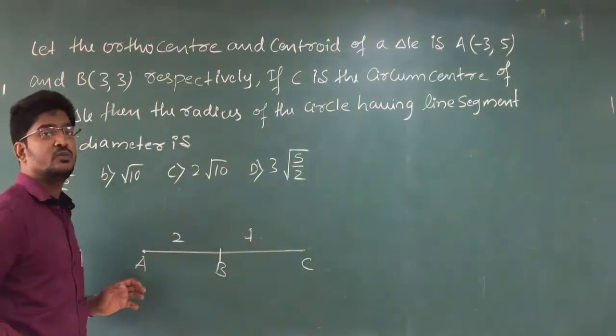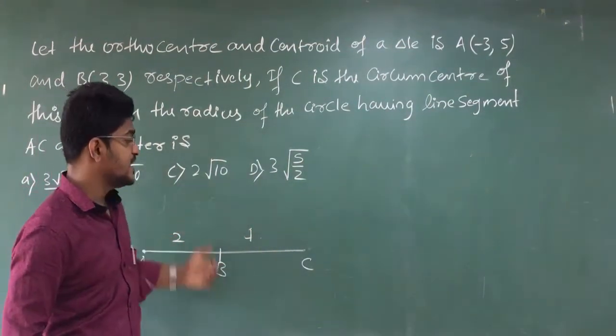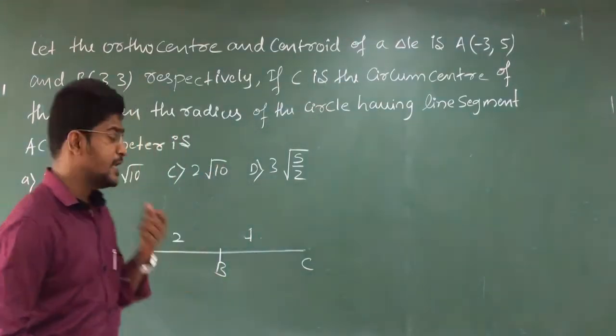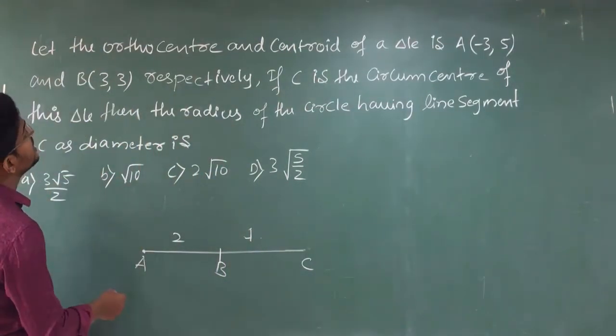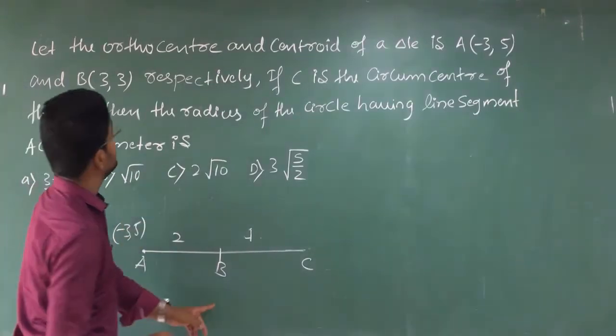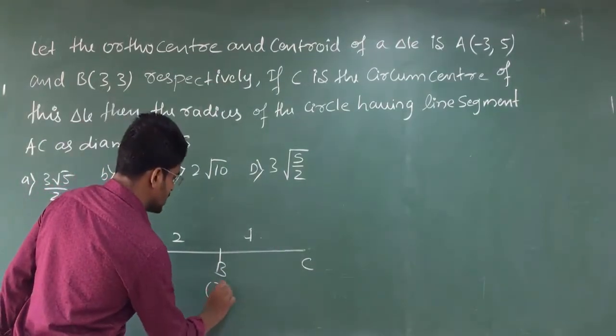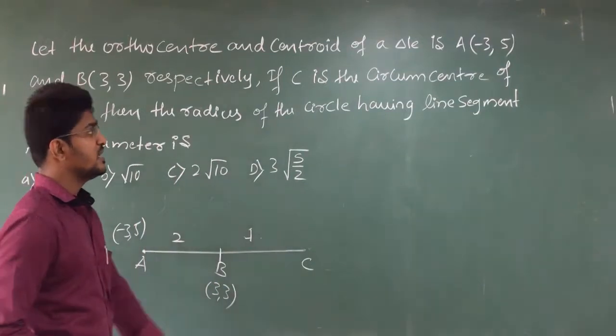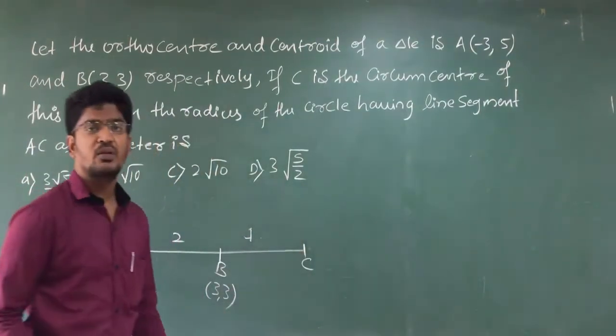That is the relation between orthocenter, centroid and circumcenter. Clear? So here the orthocenter is (-3, 5), the centroid is (3, 3). Clear? The circumcenter is not given, no problem, let us calculate.